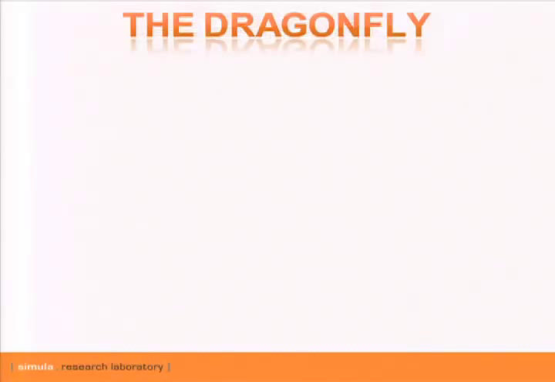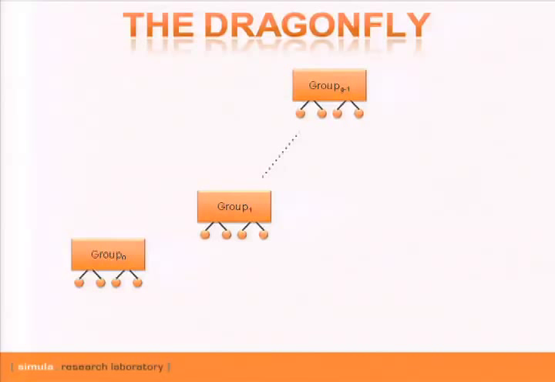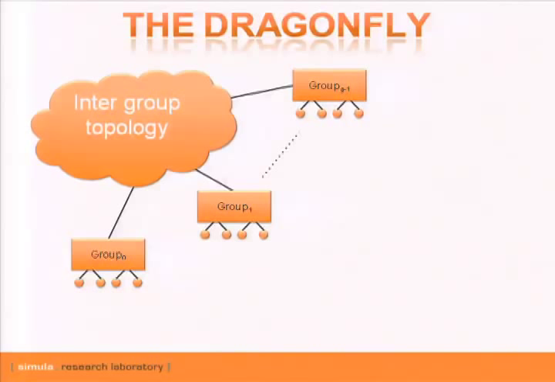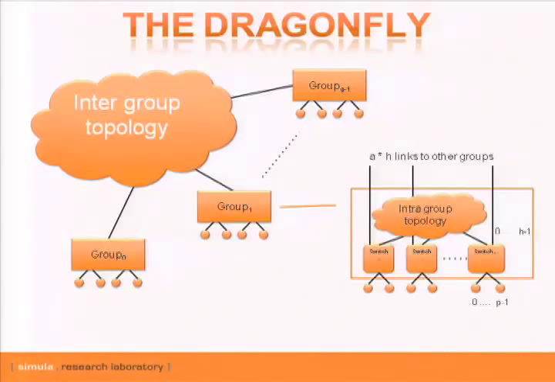Let us then go a bit more into detail. We here have the groups that are connected by an intergroup topology. The groups also consist of a number of switches that are connected by a group topology.